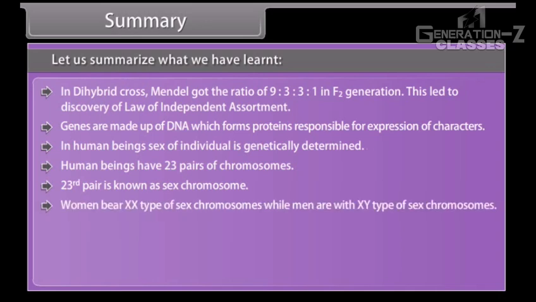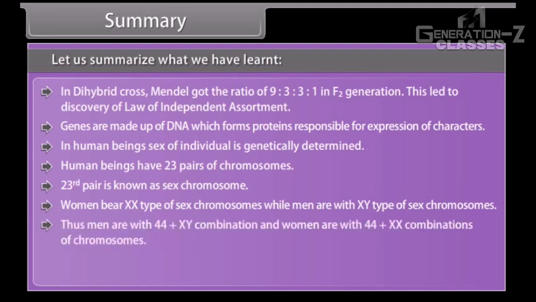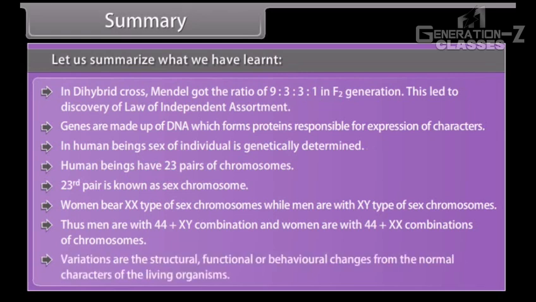Women bear XX type of sex chromosomes, while men are with XY type of sex chromosomes. Thus, men are with 44 plus XY combination and women are with 44 plus XX combination of chromosomes. Variations are the structural, functional, or behavioral changes from the normal characters of the living organisms.